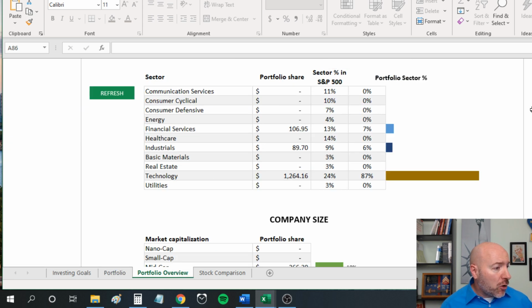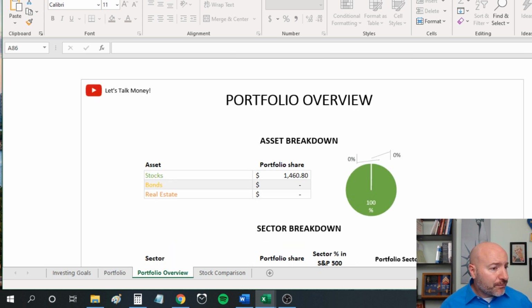If we go to the portfolio overview tab for Ryan, again, he's got everything in stocks, 100% in stocks. Really needs to start investing in some of those bond funds, real estate investment trusts, those funds. And you don't even need to get really complicated on these. Bond funds like the BLV or the BND are good.